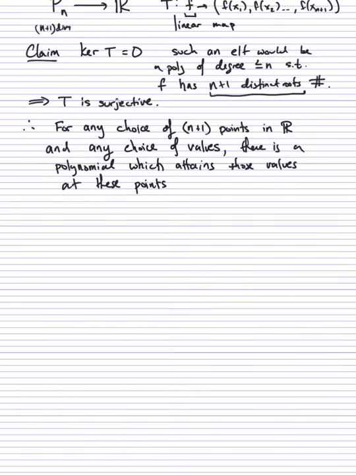Let me just do quadratics. You give me 3 x values, which can be whatever they want. Give me 3 real numbers that you want to attain, so maybe you want it to go through here, here, and here.